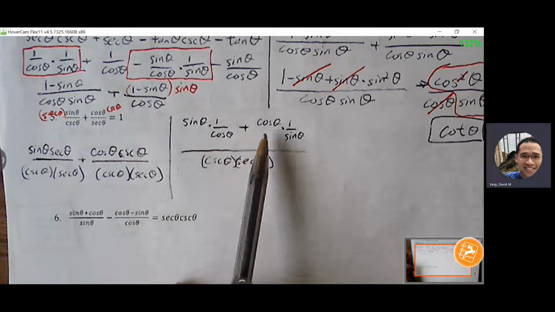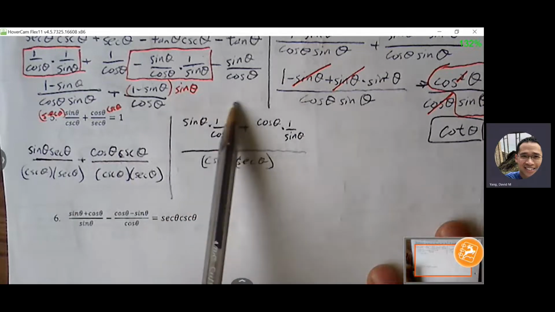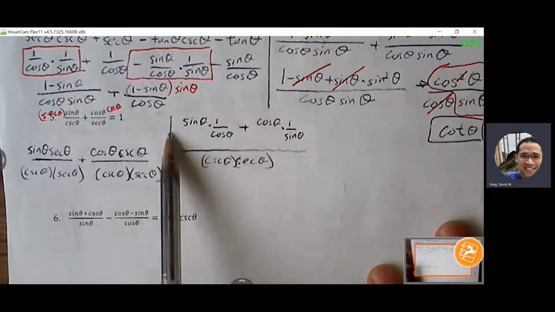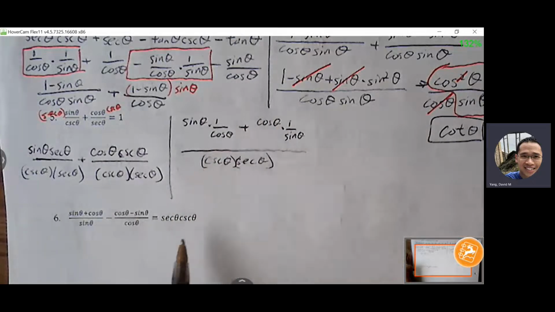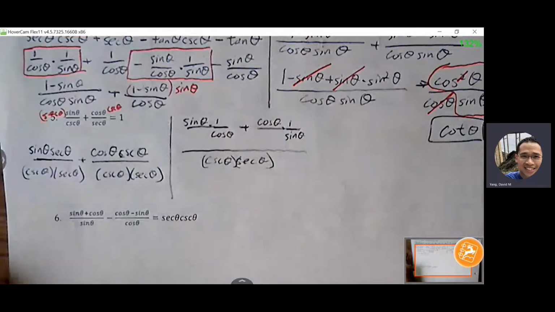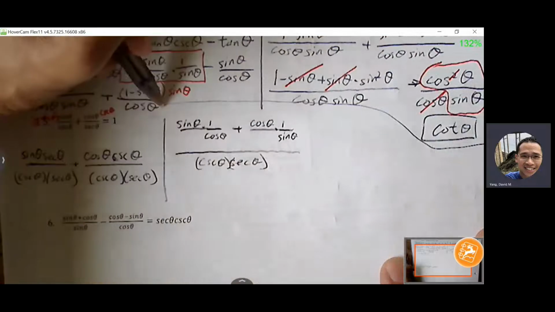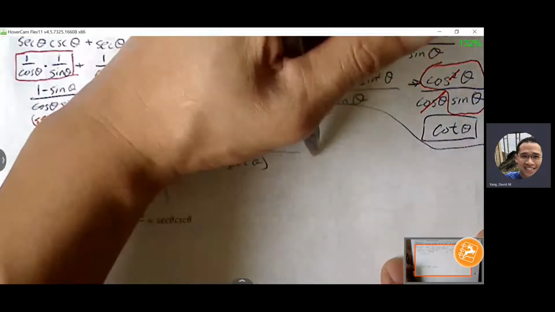Okay, so sine over cosine plus cosine over sine. Well, maybe I can find common denominators within this portion here. So what's my common denominator? Yeah, cosine sine. Yeah, so the most tedious parts of these problems are just dealing with all these common denominators.